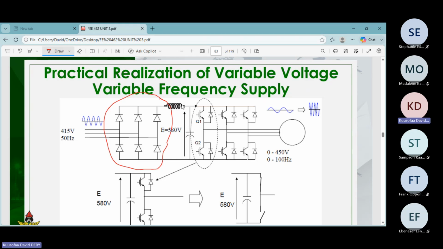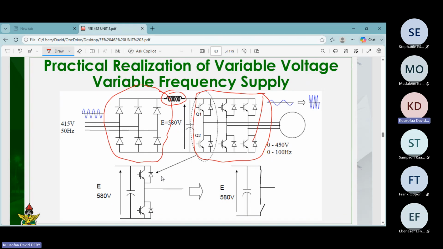DC. We have a smoothing inductor, and a capacitor to also smoothen the voltage. And this portion represents the PWM inverter. It will give you a variable frequency and also variable voltage.